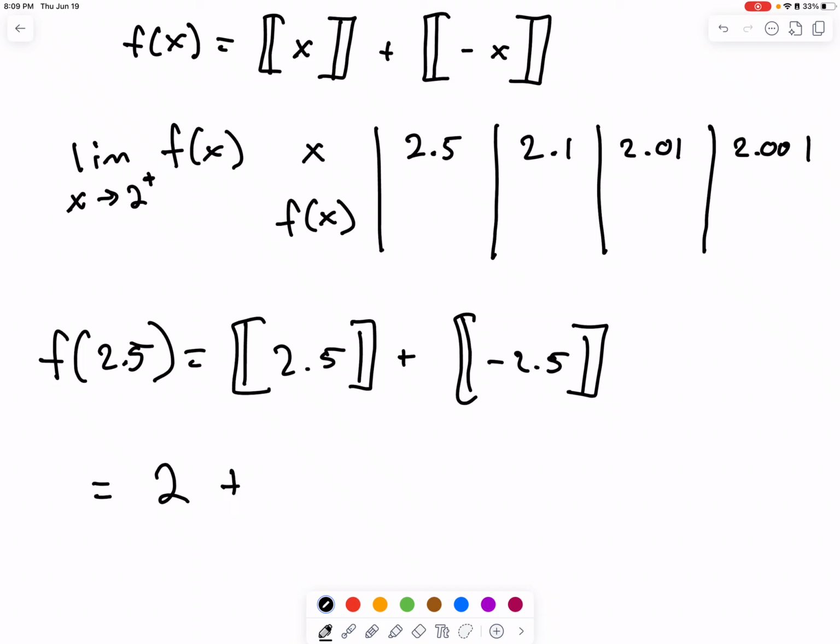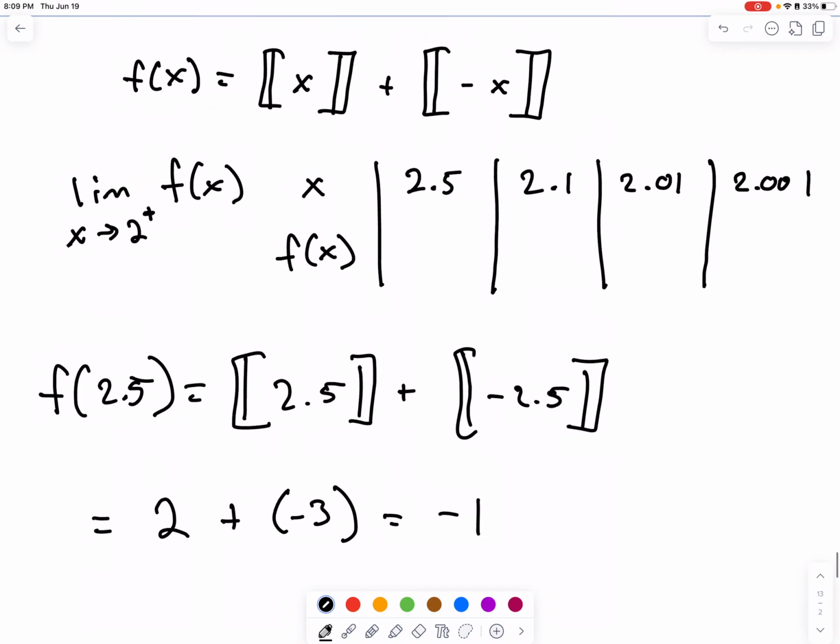Negative 2.5 is between negative 3 and negative 2. So the integer to the left is going to be a negative 3. Same result, negative 1, right? Okay. So that suggests that the pattern for all of these guys is also going to be negative 1, right? So that brings it on home. That gives us what we need, right?